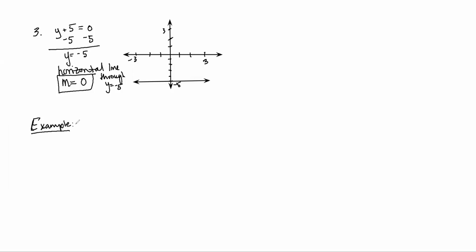So if we just look at one of them, it should help you with the rest of them. So we're told to graph using the given point and slope. We're given the point -1, -4, and the slope m equals 2.